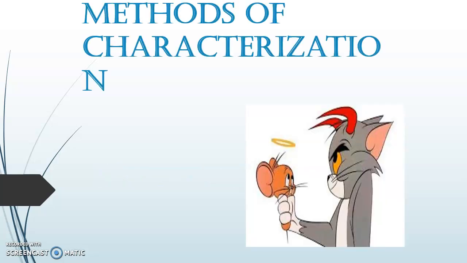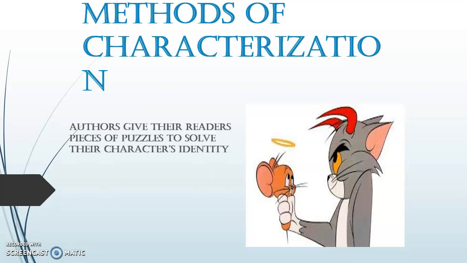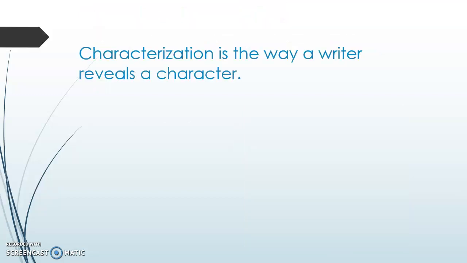Yes, I am. Characterization. So, we're talking about analyzing a character, and we have a method to characterization. We know that the author gives us, the readers, pieces to the puzzle so that we can figure out the character's identity. What makes that character that character?